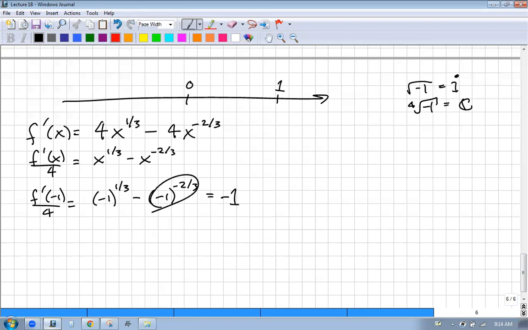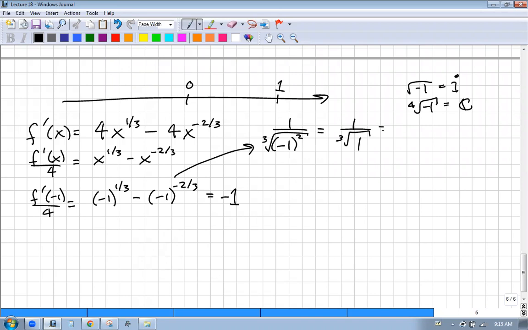Now let's look at this guy. -1 to the 2/3. That would be this guy squared, cube rooted, and 1 over that, because it's to the negative power. What's -1 squared? 1.